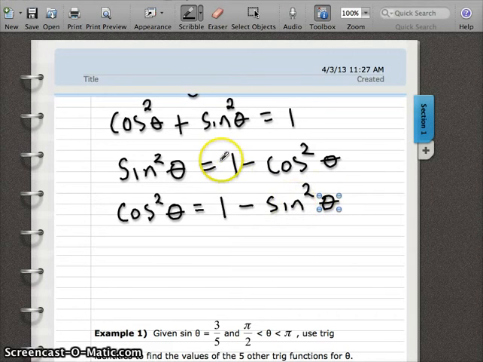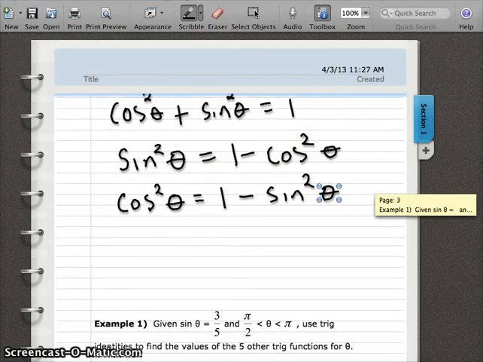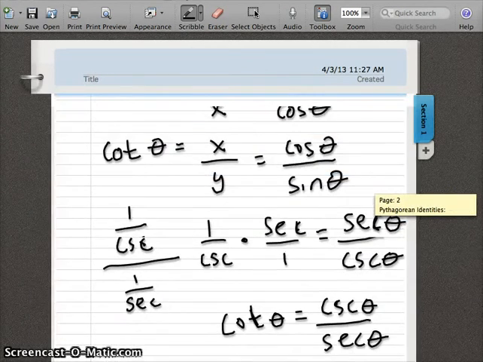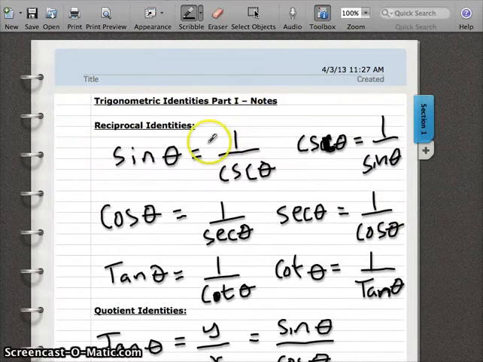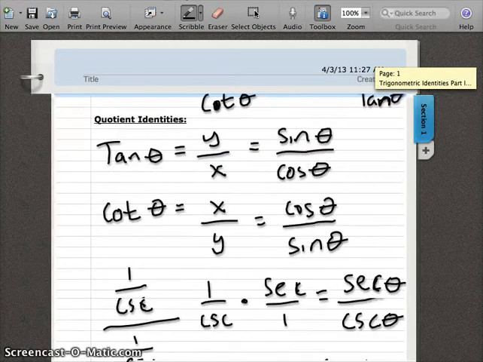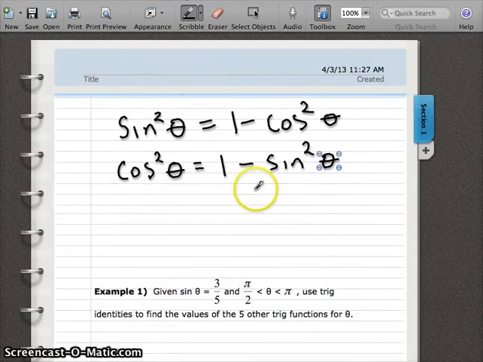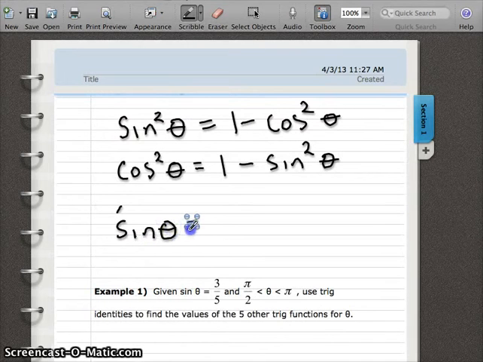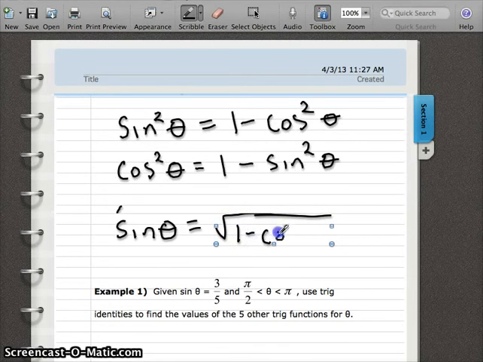We could also take it even farther, and we could solve for just sine, and we could have a different identity for sine again. Way back up at the top, we talked about how sine is a y value, a y coordinate. It's also 1 over cosecant, but it can also be viewed as a different form. If we square root both sides, then we get sine is also equal to the square root of 1 minus cosine squared.